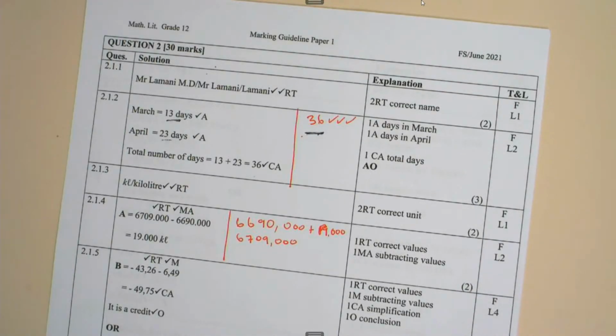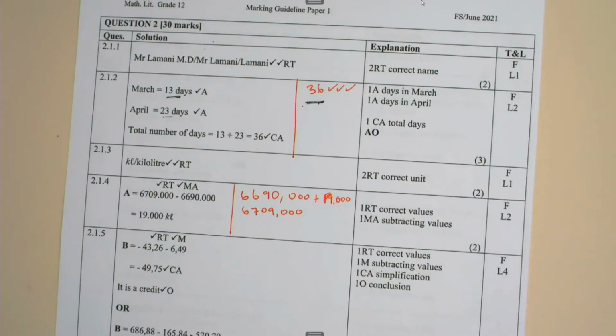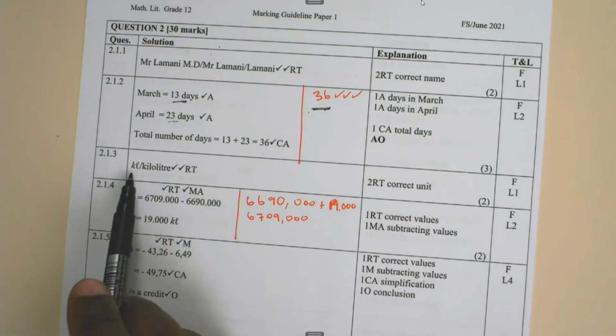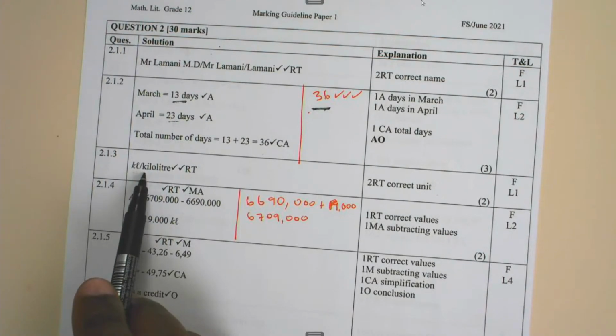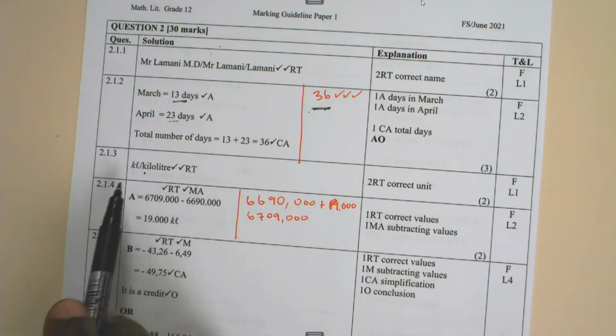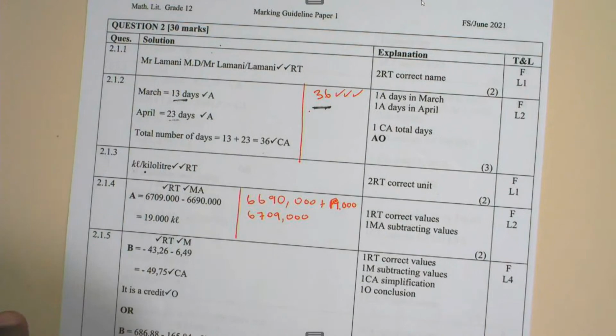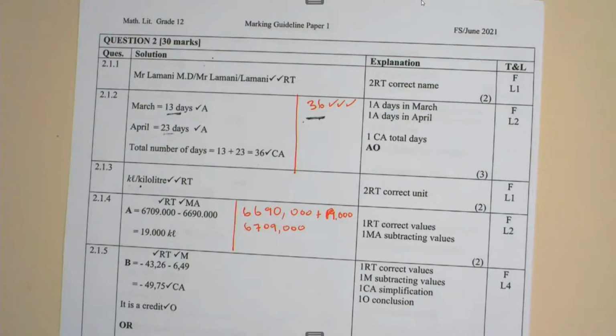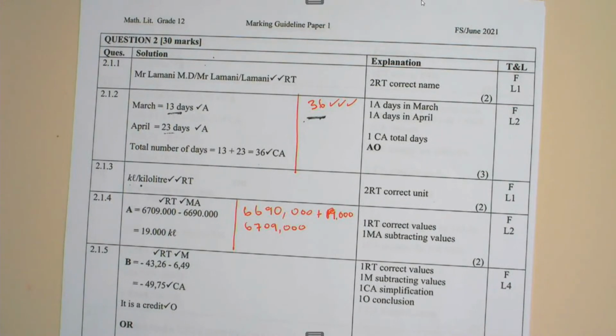Remember, we're talking about the tariffs. So the meter reading will be in kiloliters. So the correct answer on the memo will be kiloliters, nothing else. Kiloliters, you credit that learner. It's kiloliters or nothing else. Right.